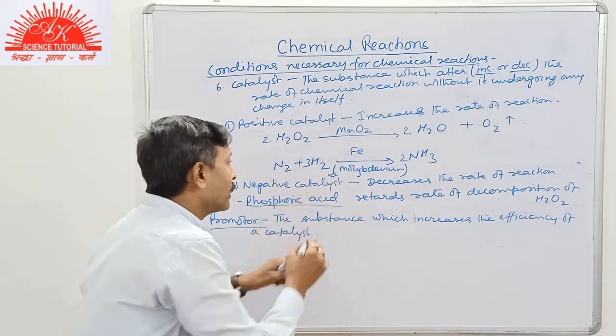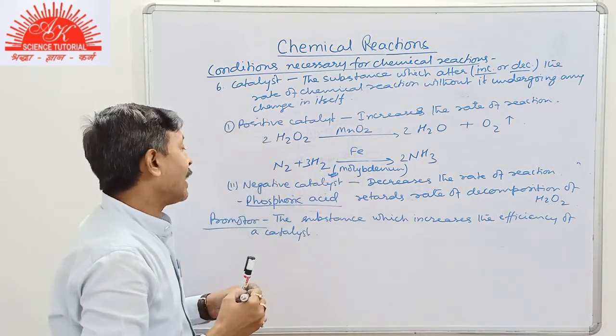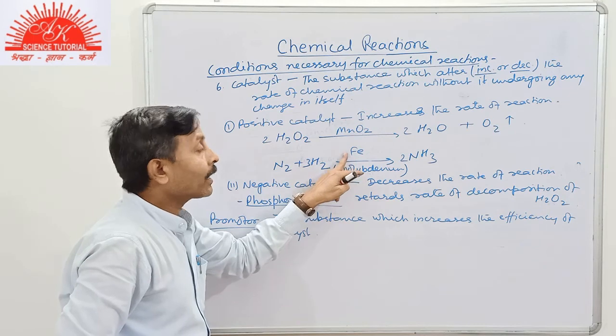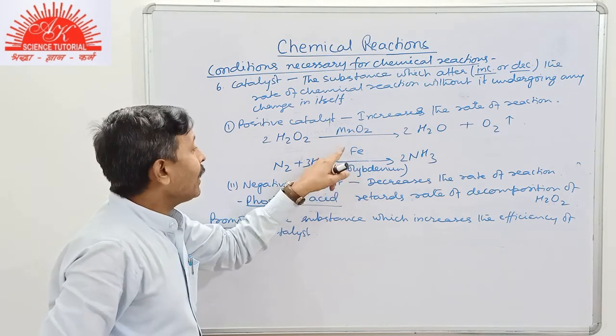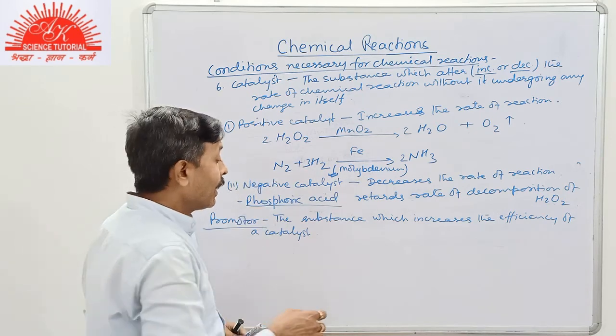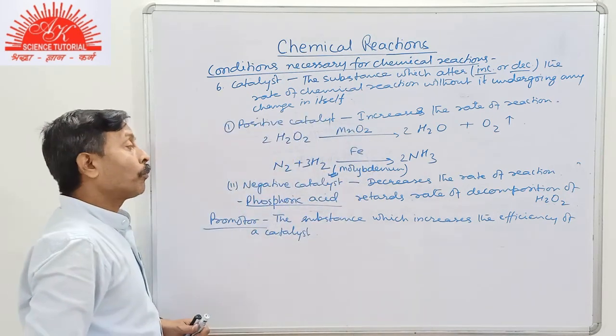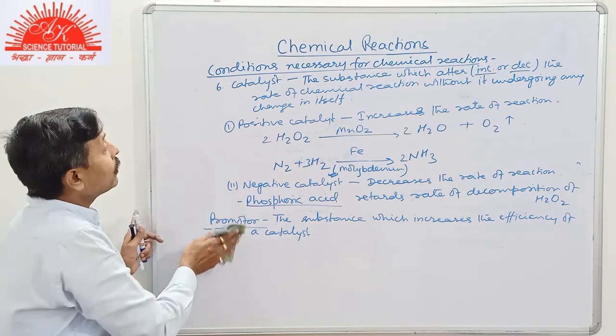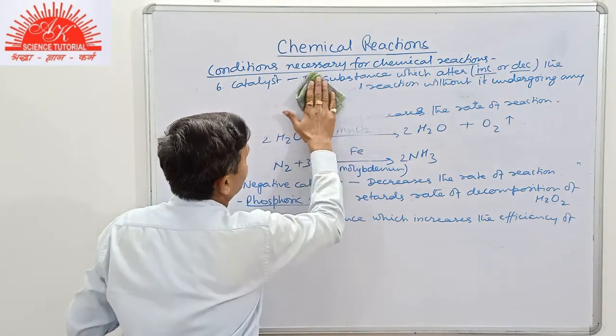So here you see that molybdenum acts as a promoter, because the catalyst is finely divided iron and its efficiency is increased with the help of molybdenum. Hence, molybdenum acts as the promoter. Clear, student? So this is for the catalysts.